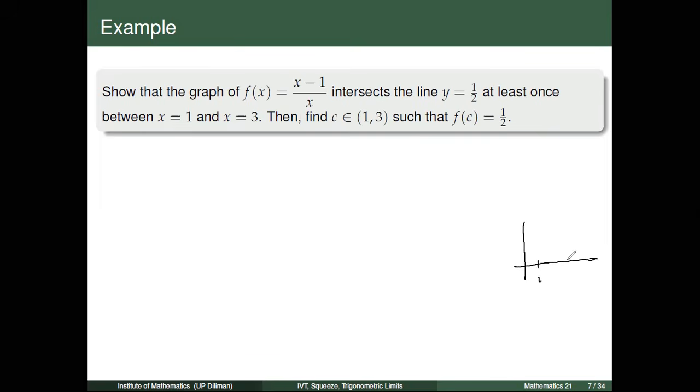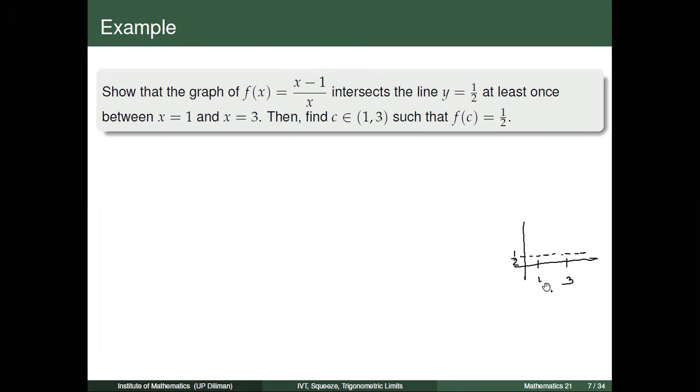So we want to show that the function's graph intersects the line y equals 1/2 somewhere between 1 and 3. So it seems here that we must apply the intermediate value theorem to this function and the closed interval [1, 3]. So we check first if the conditions of the IVT are satisfied.